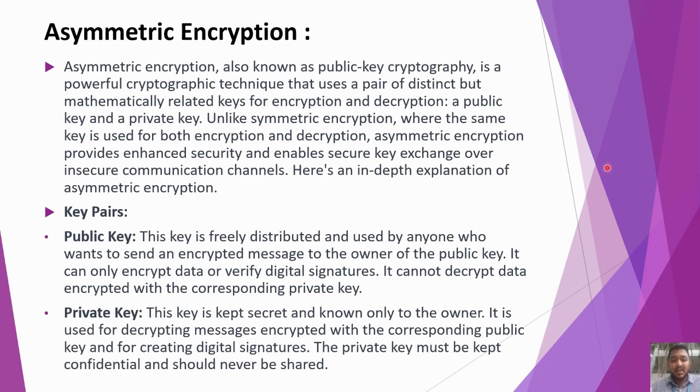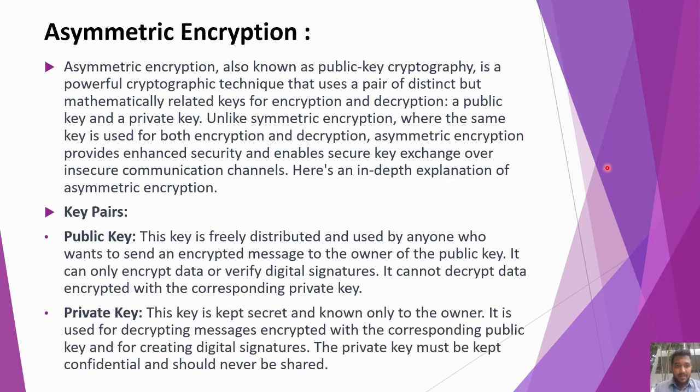Asymmetric encryption. Asymmetric encryption, also known as public key cryptography, is a powerful cryptographic technique that uses a pair of distinct but mathematically related keys for encryption and decryption, a public key and a private key. Unlike symmetric encryption, where the same key is used for both encryption and decryption, asymmetric encryption provides enhanced security and enables secure key exchange over insecure communication channels.